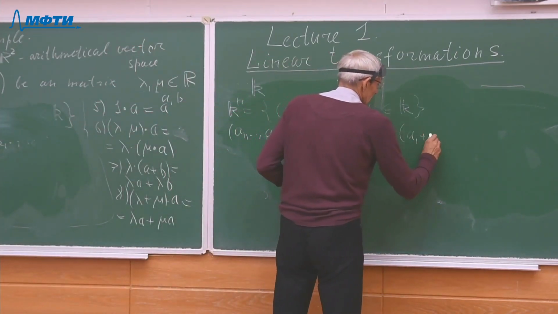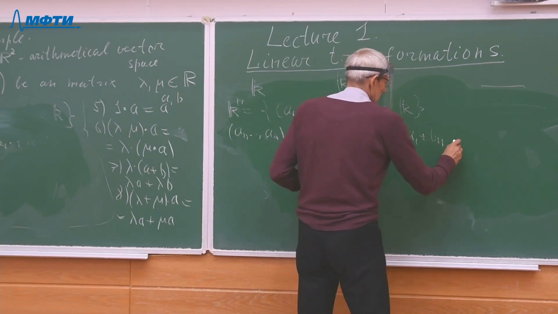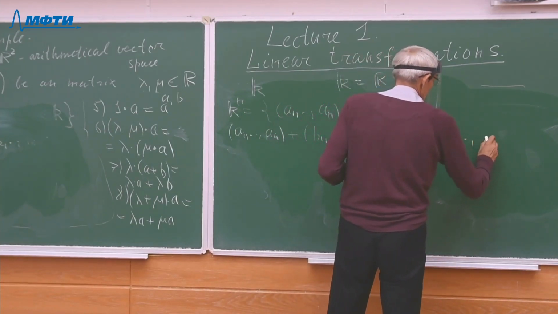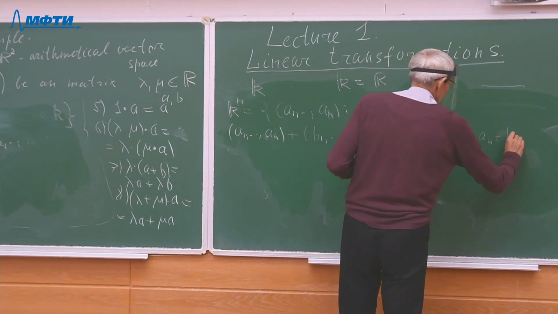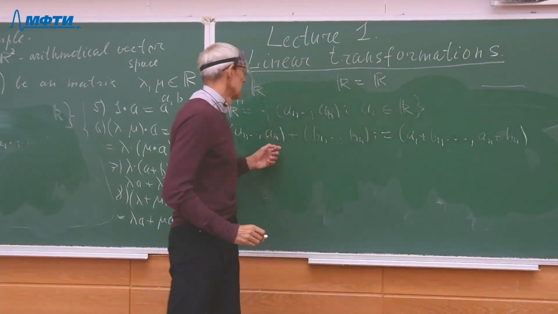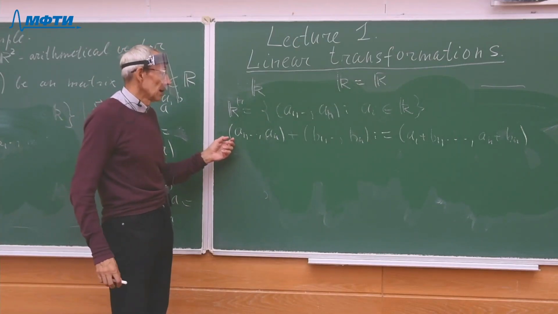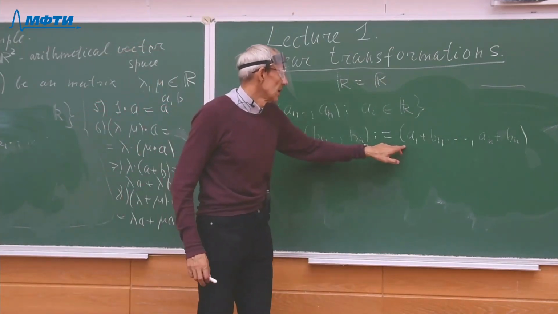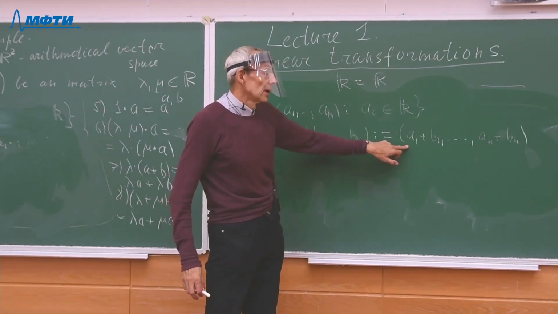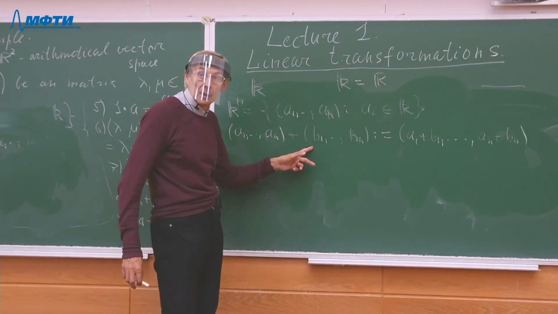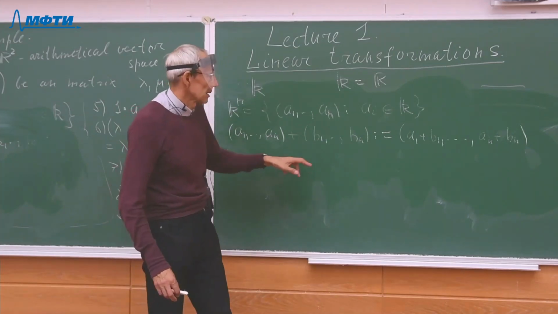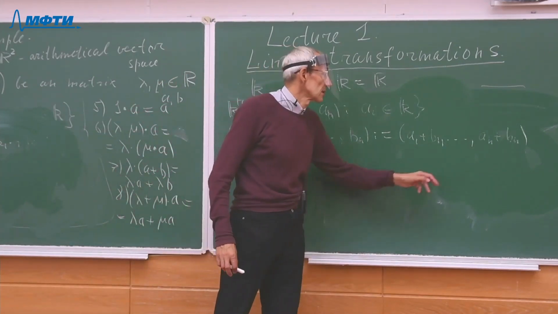Each element of this n-tuple is the sum of the corresponding elements of the adding n-tuples. The first element of the sum is equal to the sum of the first elements of the summands, the second is the sum of the second elements, and so on.